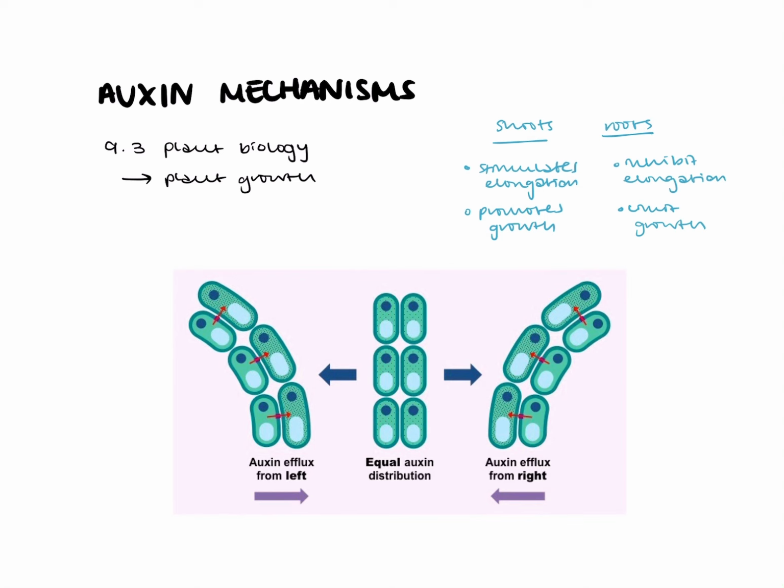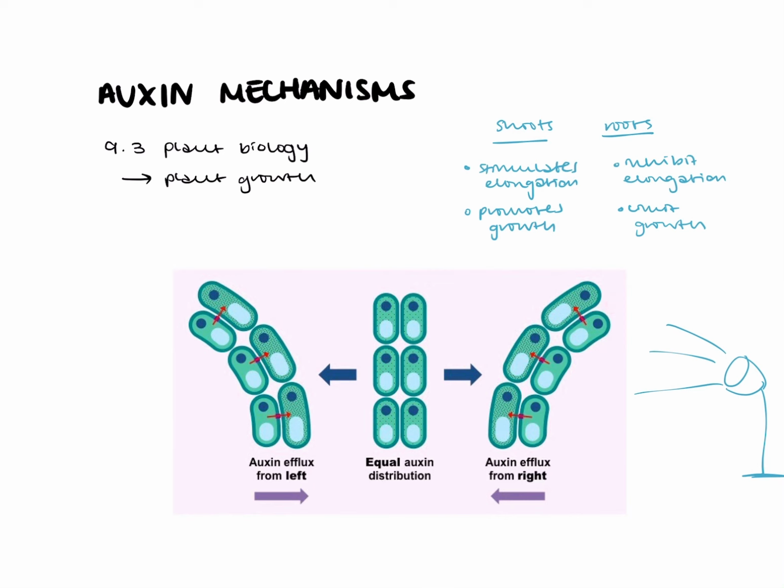Same on the diagram on the right, where the source is over here. So if I were to draw the source, I don't know how to draw a lamp. This is the lamp shining this way. So auxin gathers along the shaded side of the plant and causes cell elongation to occur in these three cells, causing the plant to grow towards the light source.